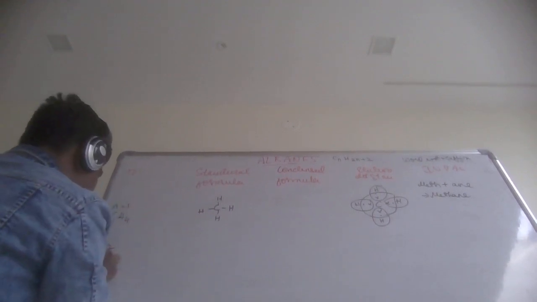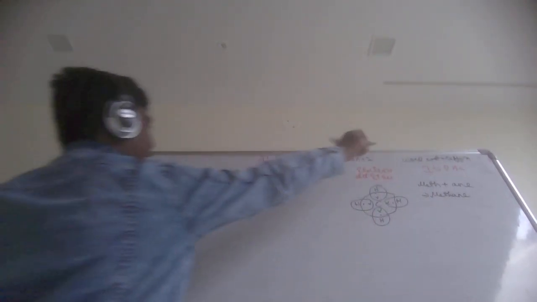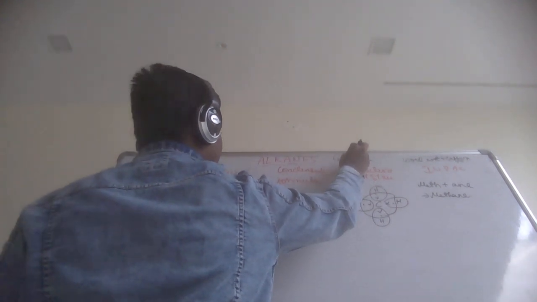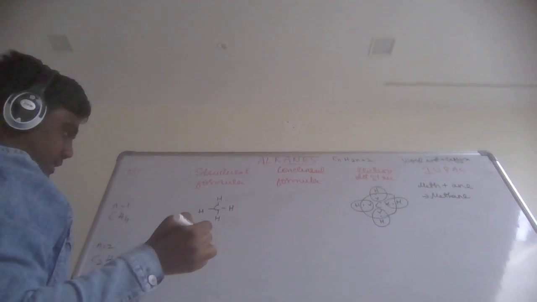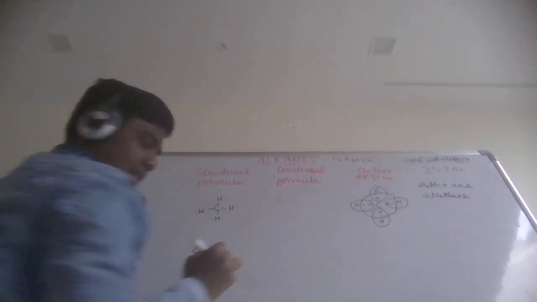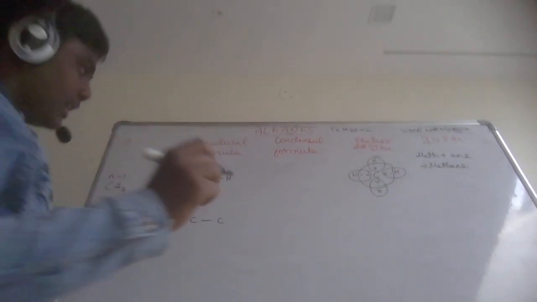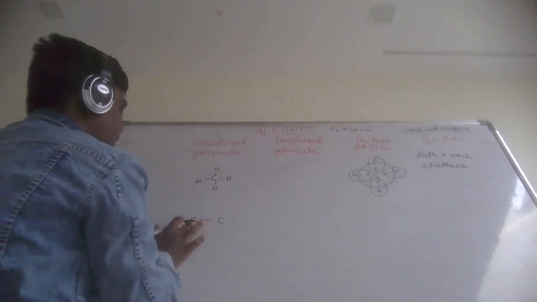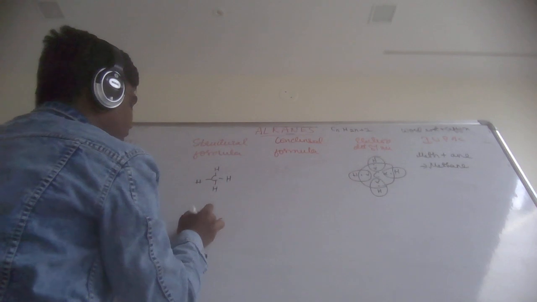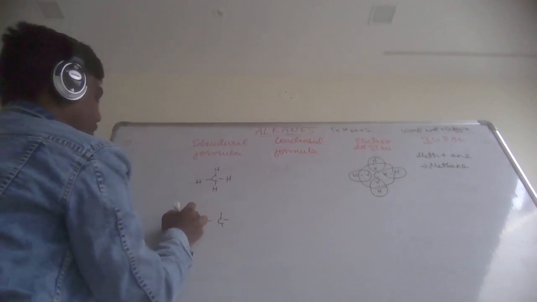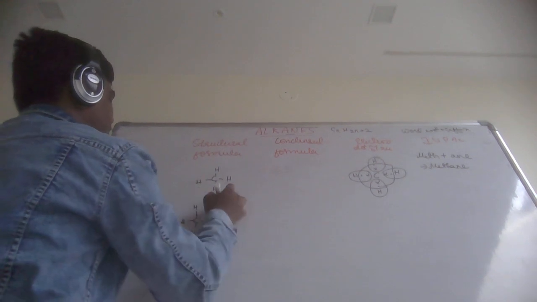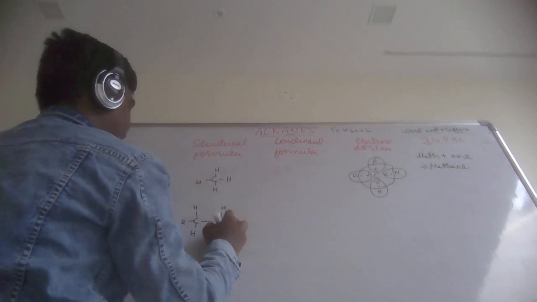Got it? Now let us see putting n as 2. n is 2 means C2, 2 carbon atoms. Substitute the value of n here, C2 H, 2 twos are 4, plus 2 is 6, C2H6. Now 2 carbon atoms are there, and as 1 bond is already there for each carbon, 3 more bonds for this, 3 bonds for this, to satisfy the need of hydrogen.